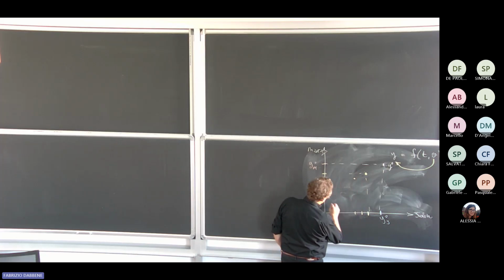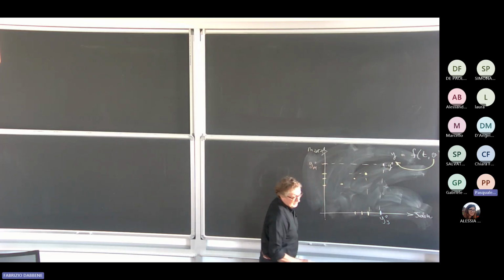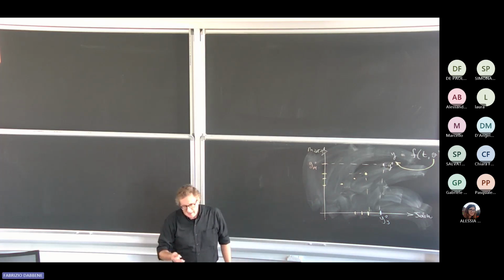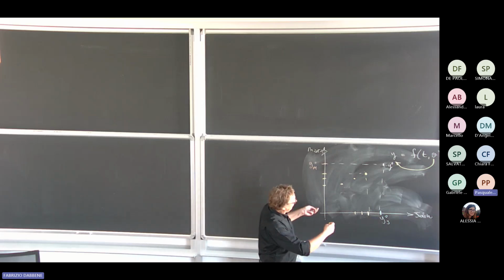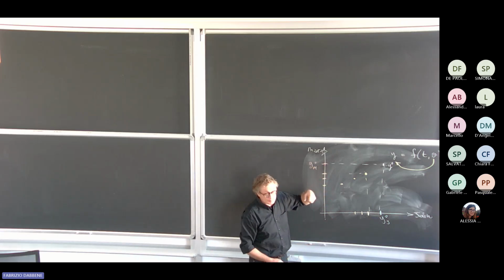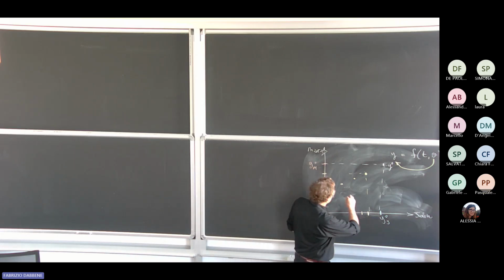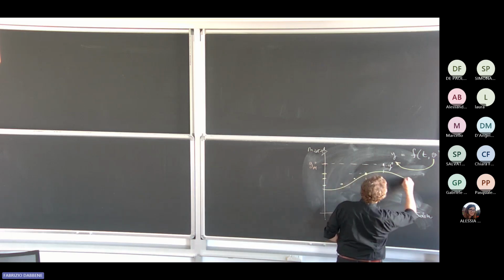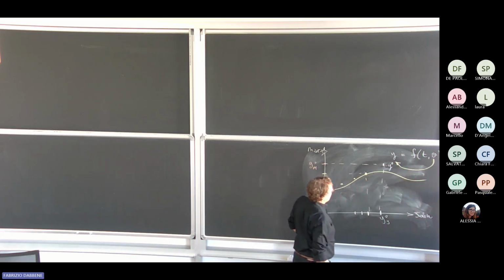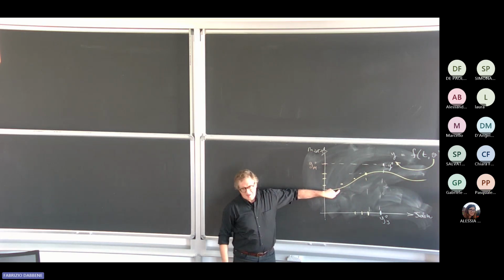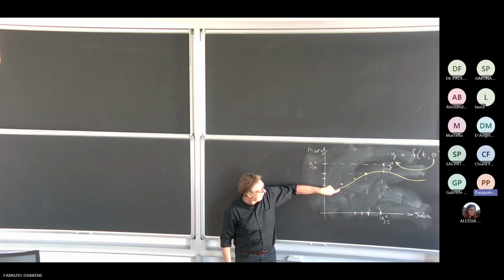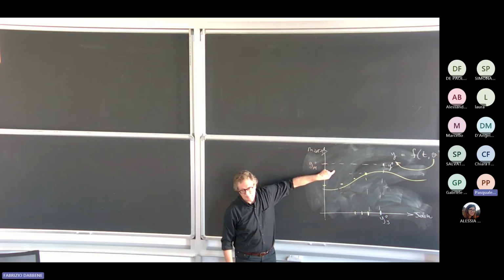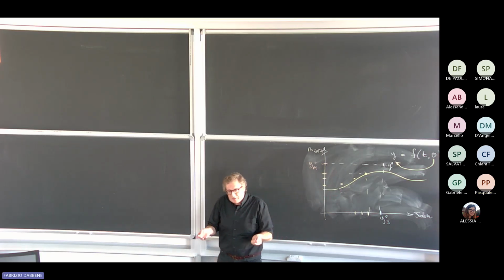I change my theta again, and I change my prediction. And now it should be perfectly clear that the set of values that my prediction takes is in general a one-dimensional surface, since theta is one-dimensional, in R2.